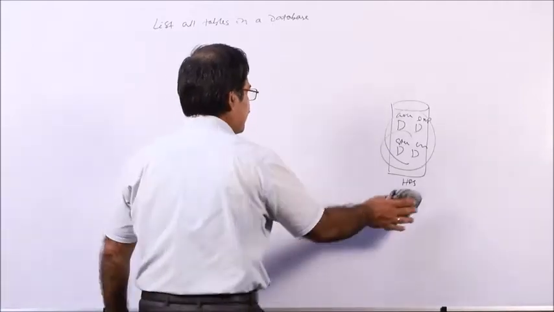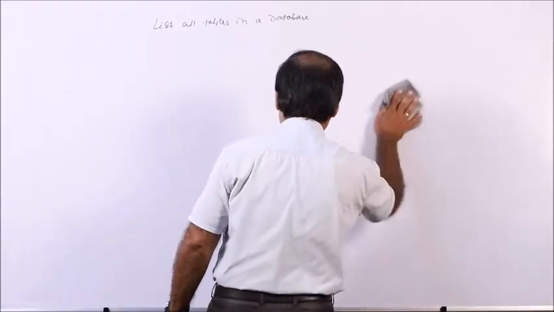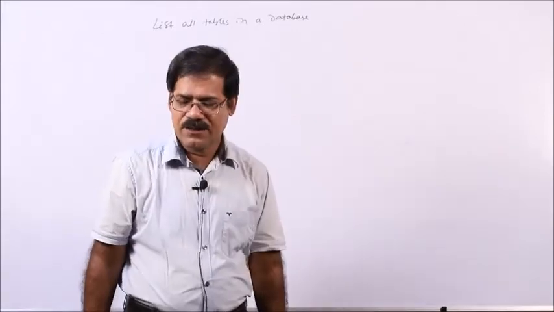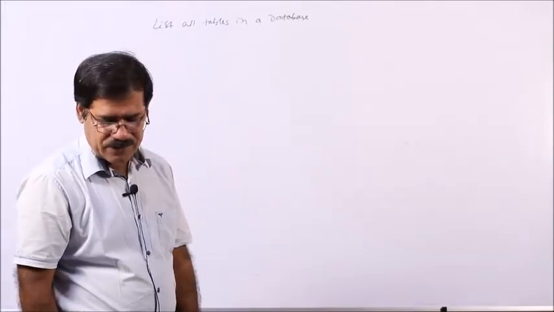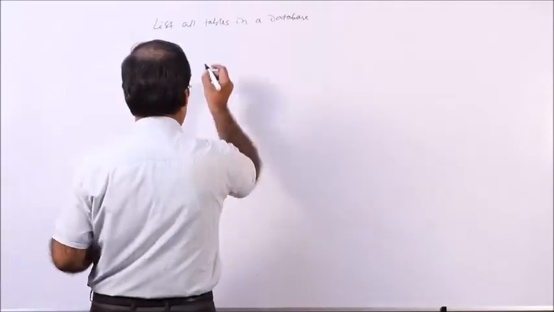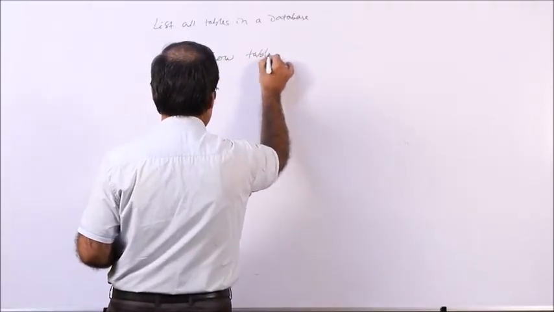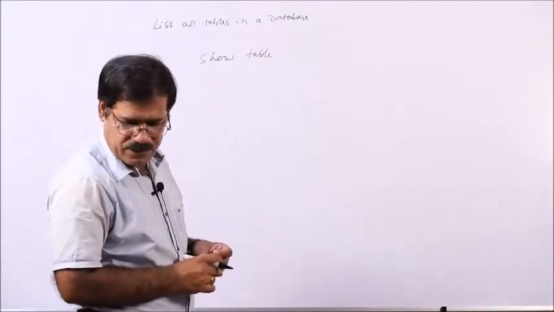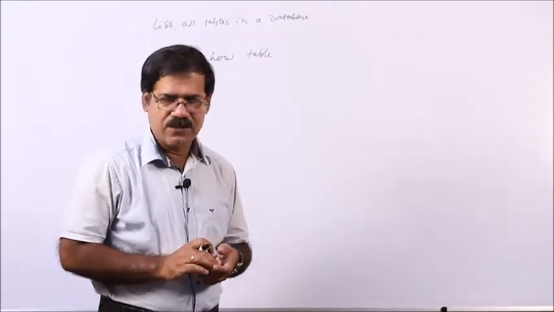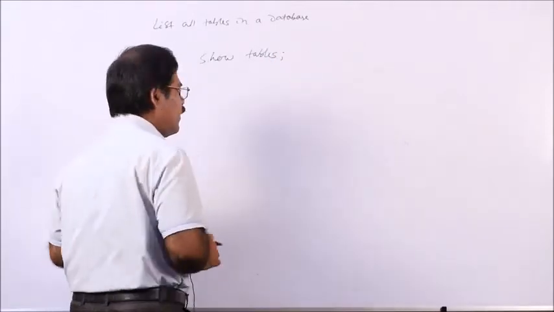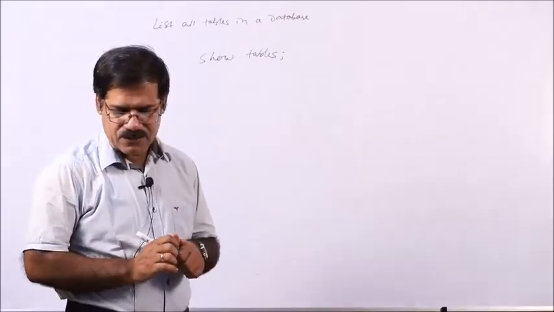In the current database, what are the different tables already there, you want to display it. The command is show. Show what? Show tables. That means all the tables that are present inside the database, that will show you.